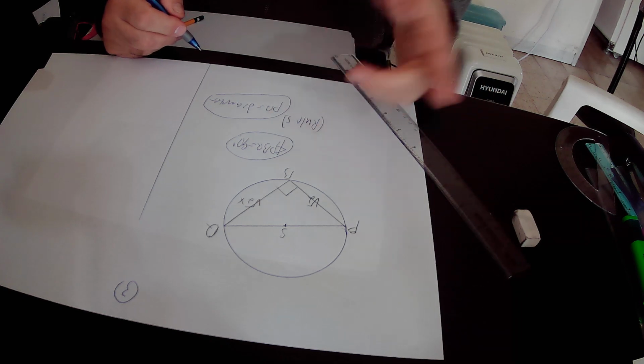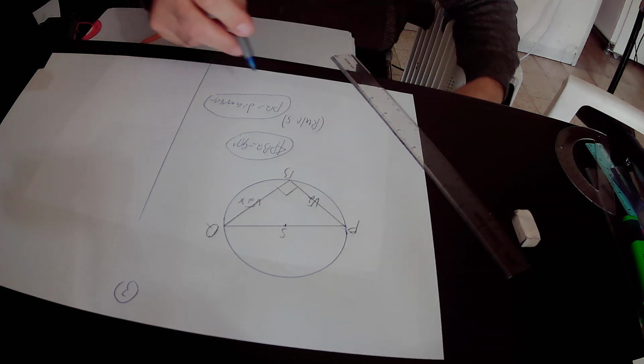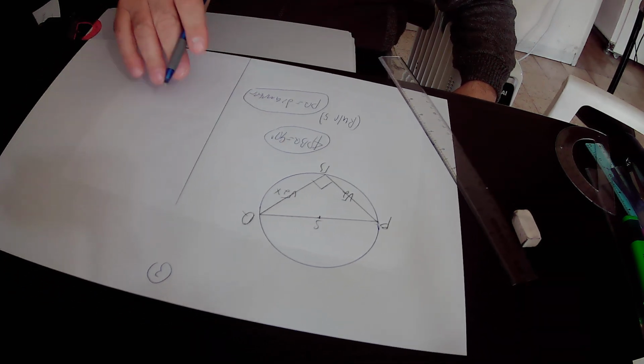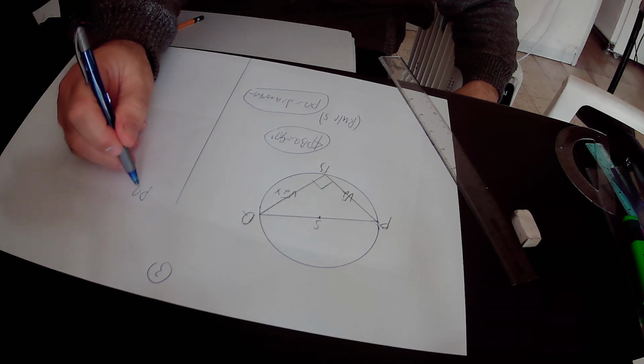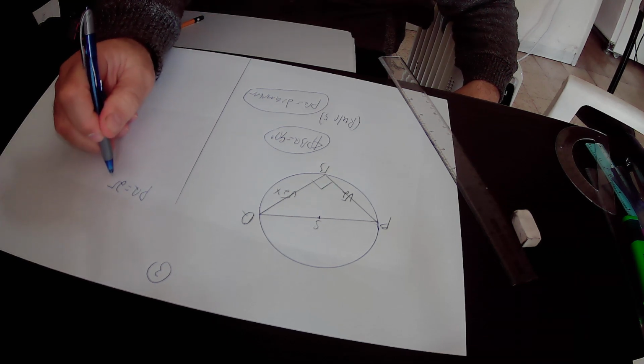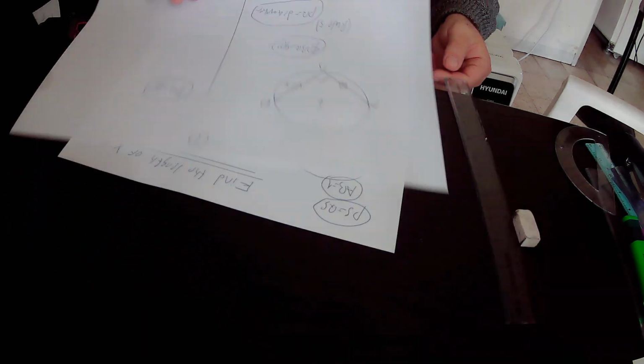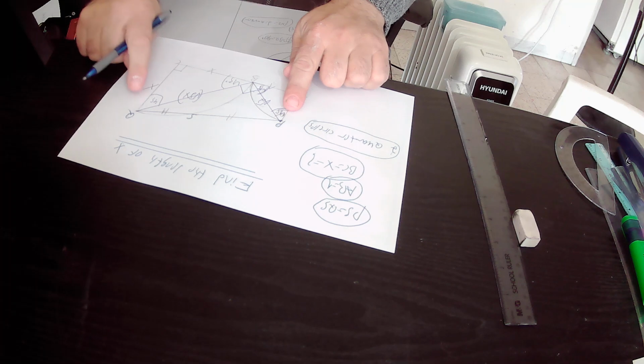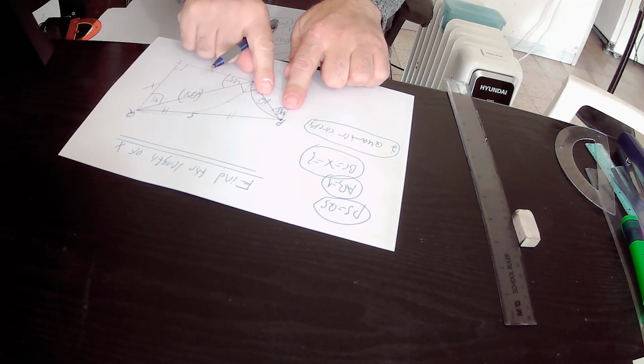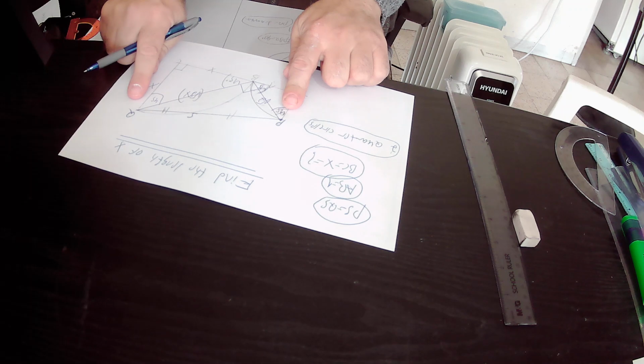So, if we define the radius of this circle as R, then the diameter PQ must be equal to 2R from one side, but from the other side, we know that according to what is given, PS equals SQ.